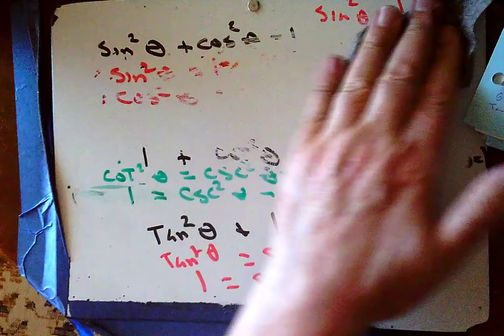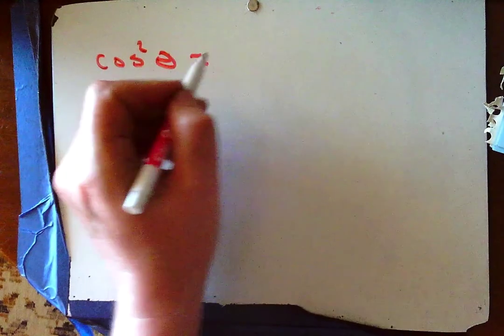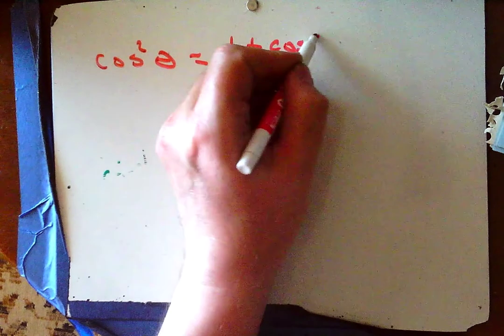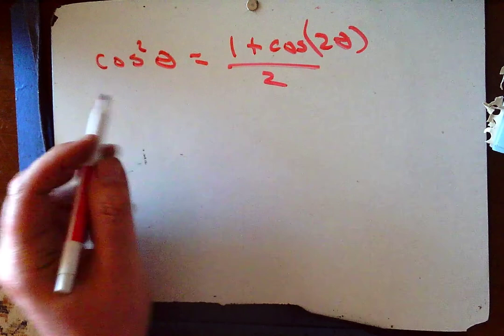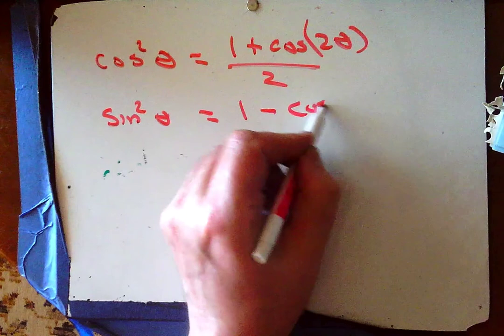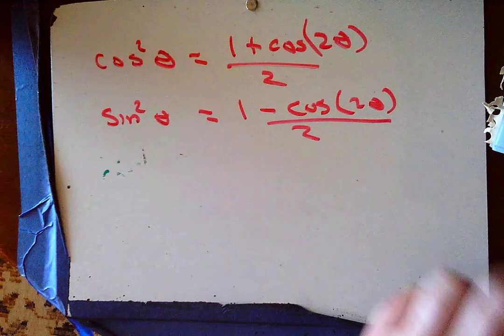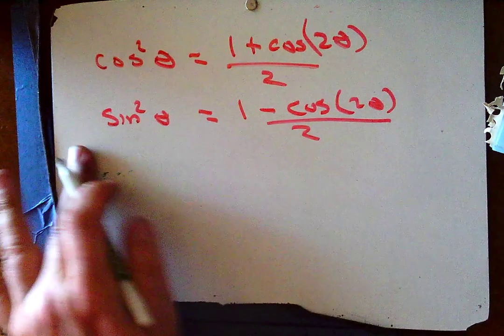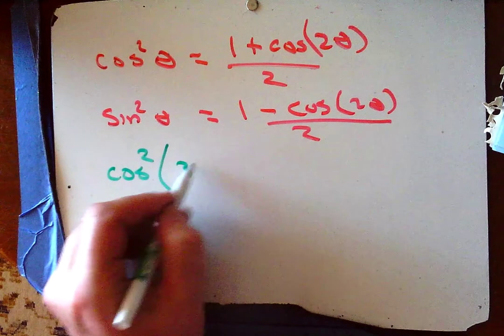You know, we don't need to worry about half angle or double angle or sum and difference formulas, but like I said in the last video, we're definitely going to need our power reducing identities: cosine squared is 1 plus cosine 2 theta over 2, and sine squared is 1 minus cosine 2 theta over 2. Okay? Hey, for practice, why don't you do this one? Cosine squared 3x.